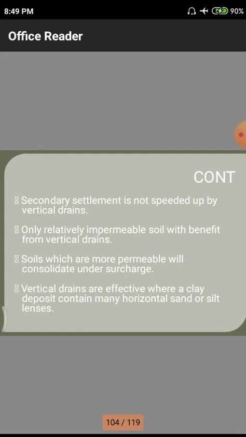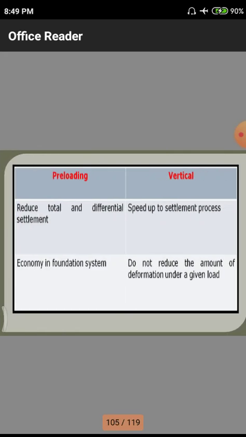Clay soils have particle sizes in microns, but sandy soils have normal millimeters. These sand drains have the purpose of removing the water.